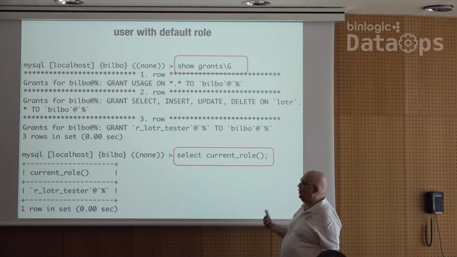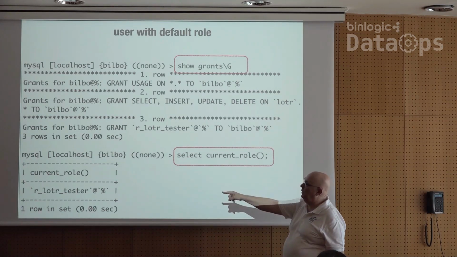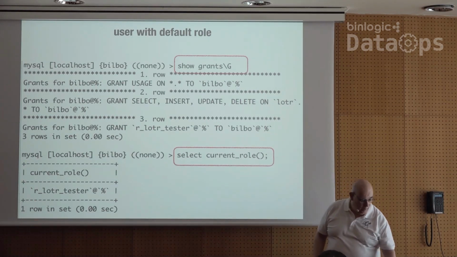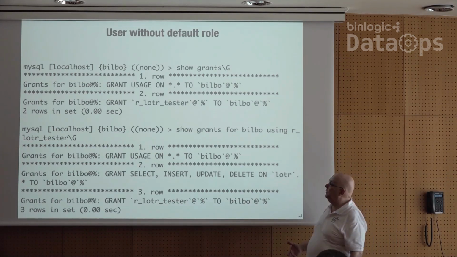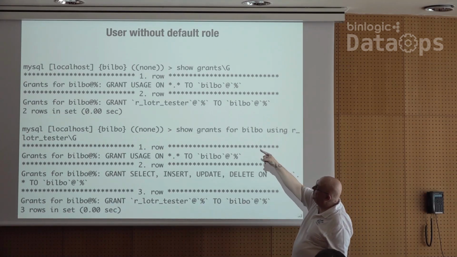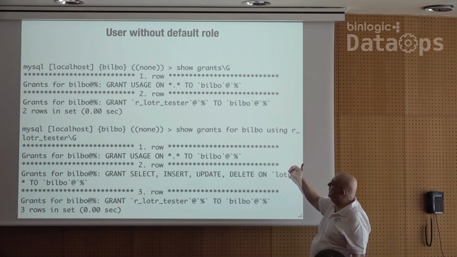And if you want to check that this user has a default role, you say select current role and you get the role. Instead, when the user doesn't have a default role, you see that in grants, you have the name of the role, but not the privileges corresponding to that role.